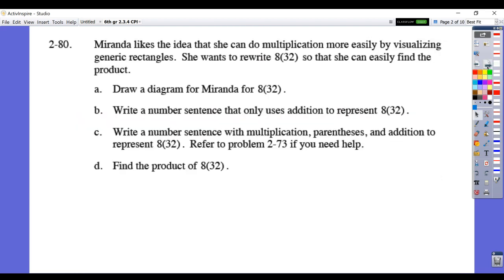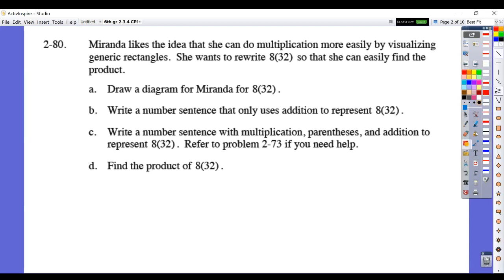So first of all, it says that Miranda likes the idea that she can do multiplication more easily by visualizing generic rectangles. She wants to rewrite 8 times 32 so she can easily find the product. So what you would be doing is thinking about how you would write a generic rectangle for 8 times 32.